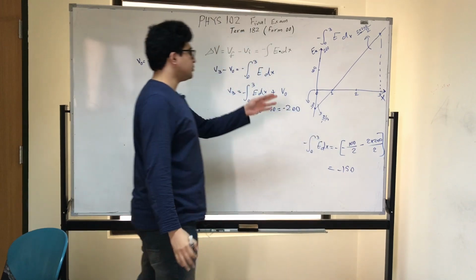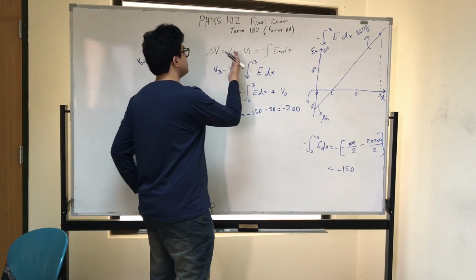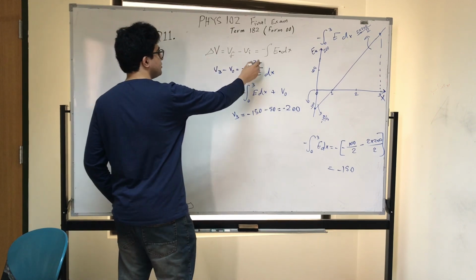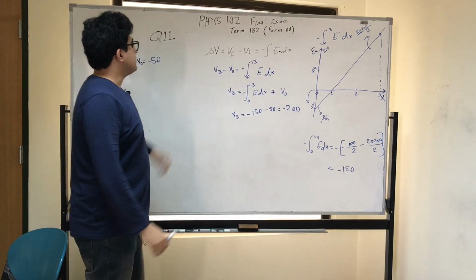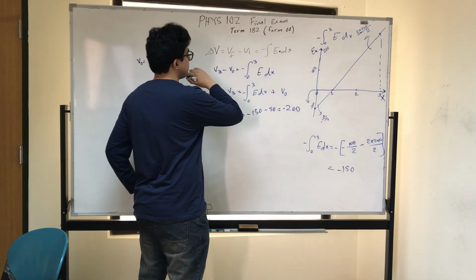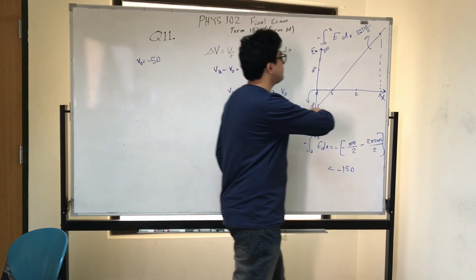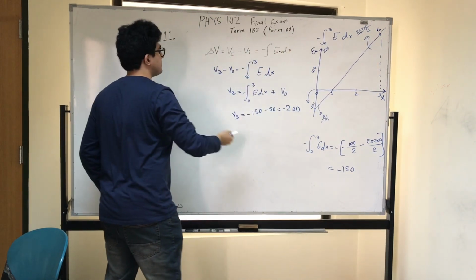So in order to do that, we have to use this equation that says the potential difference is equal to negative the integral of E dot dx. Okay, so the potential difference is basically V final minus V initial. In our case, V final is V3, so we're trying to figure that out.